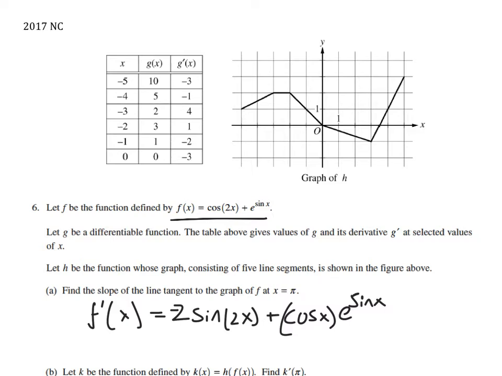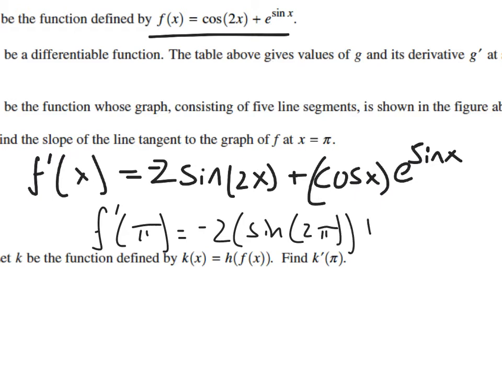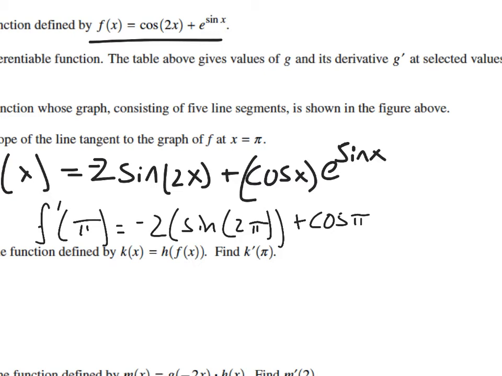And then the question is, what is the derivative at x equals pi? All right, well, let's go ahead and figure that out. So we need f prime of pi. And so this would be negative 2 times the sine of 2 pi, and that's going to be 0, plus the cosine of pi, cosine of pi is negative 1, times e to the sine of pi.